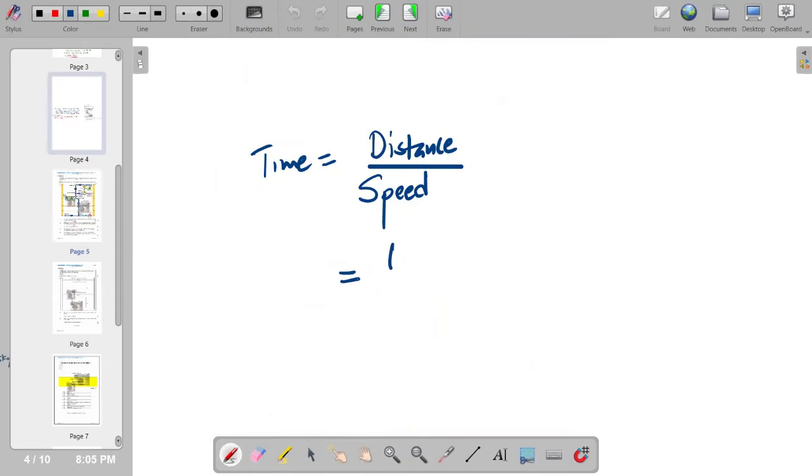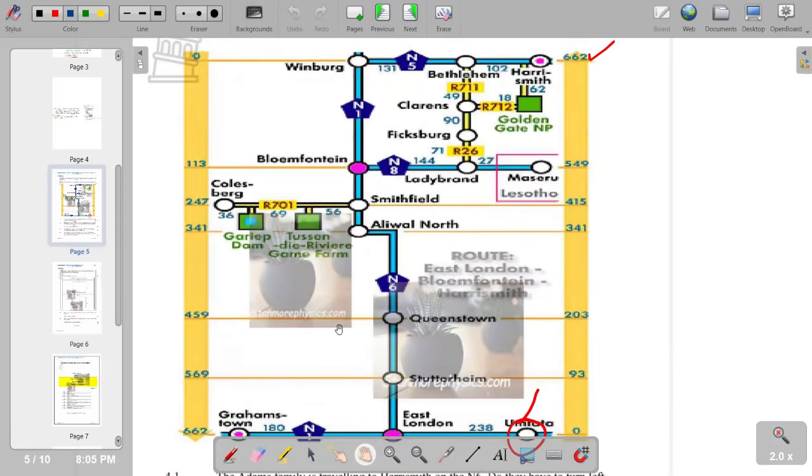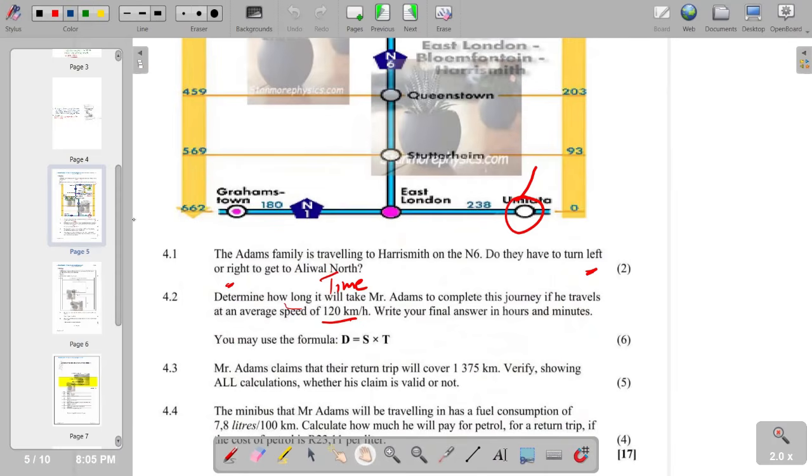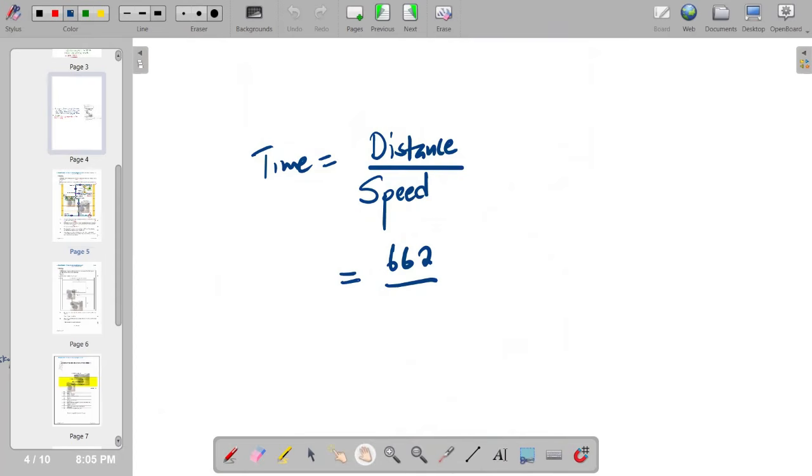So we have 662 over the speed that we have. Speed is given in the question is 120 kilometers per hour. So we have 120. So we calculate it like that, and then of course the answer that we are going to get now becomes our time.